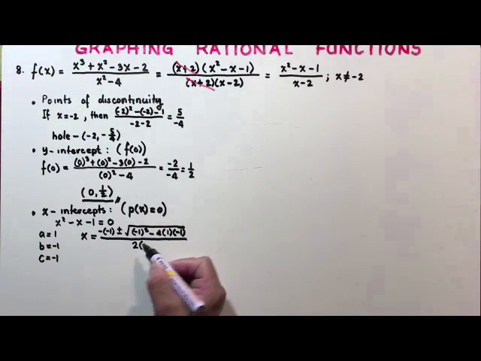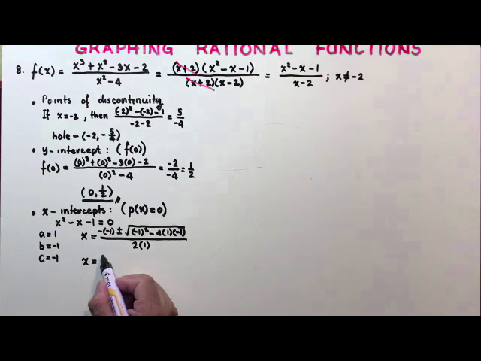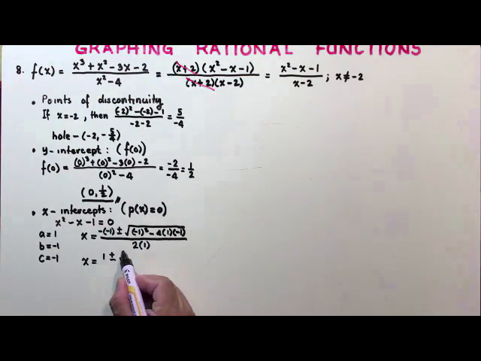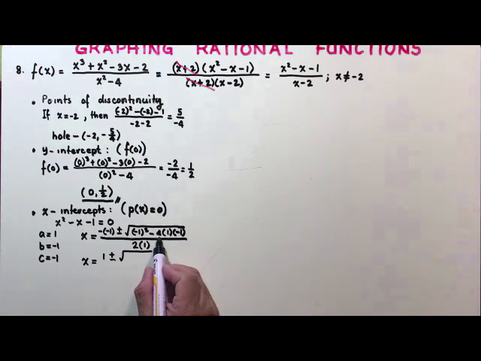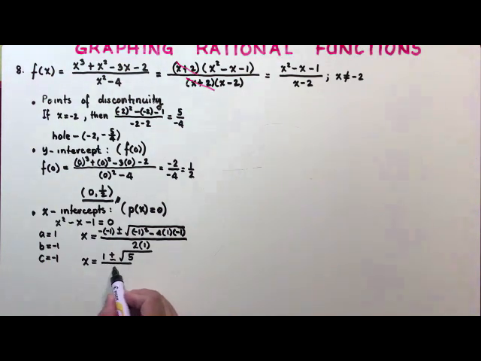So 2 times a, which is 1. So our x is equal to the negative of the negative 1, which is 1, plus and minus the square root of 1, because the square of negative 1 is 1, and this is negative 4 times negative 1, that is positive 4. So 4 plus 1 is 5. So that's square root of 5 over 2.